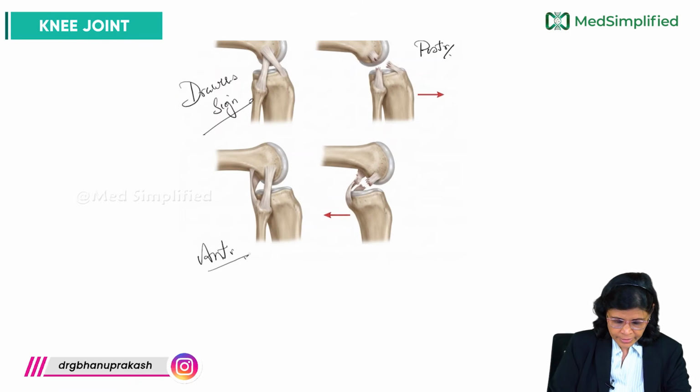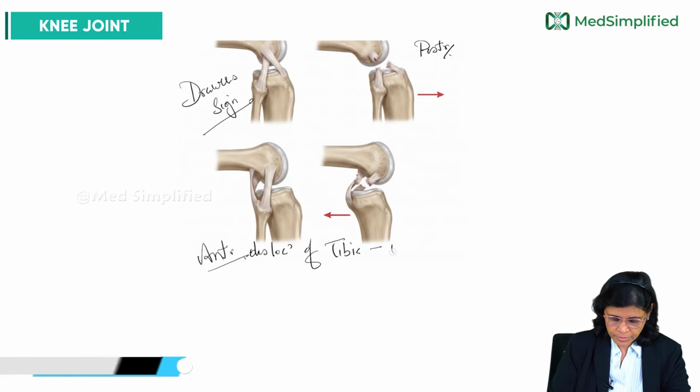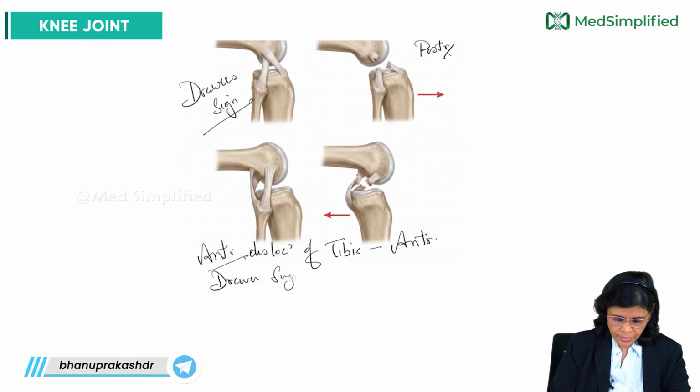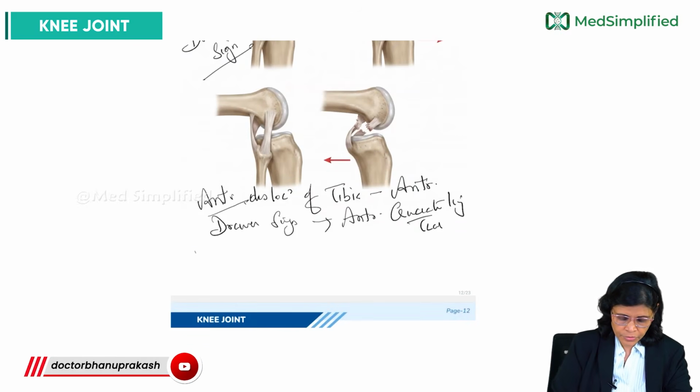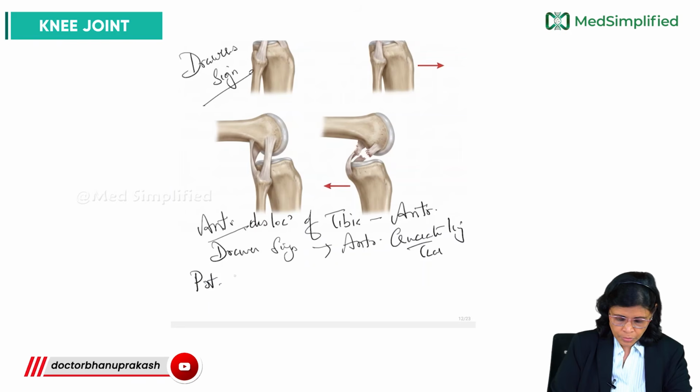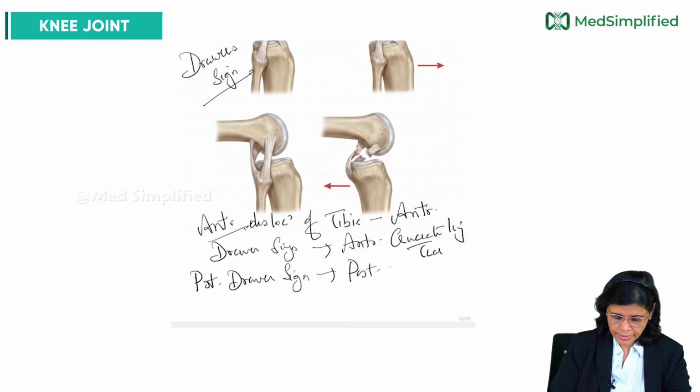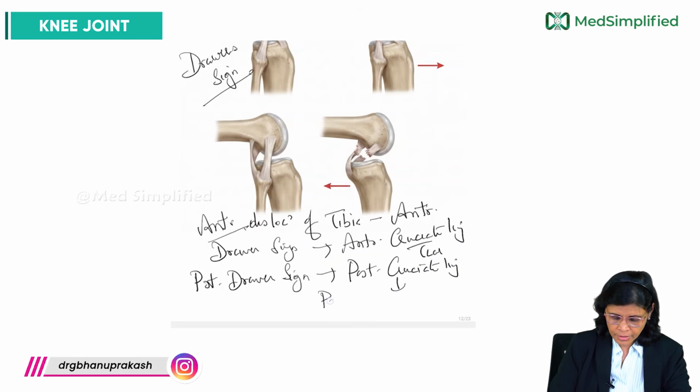So in anterior dislocation of the tibia, we get the anterior drawer sign positive, basically because of anterior cruciate ligament tear, whereas the posterior drawer sign is basically when there is posterior cruciate ligament tear, which happens when there is posterior dislocation of the tibia.